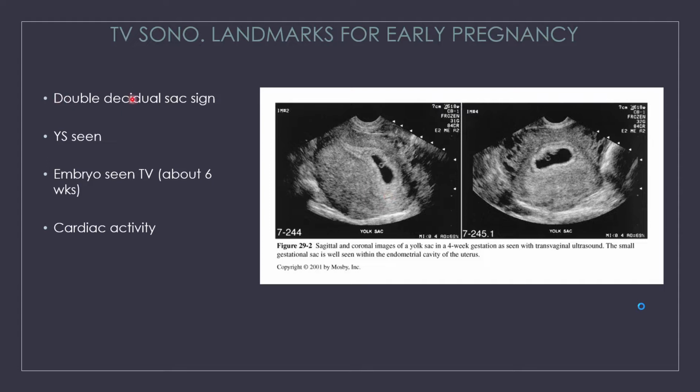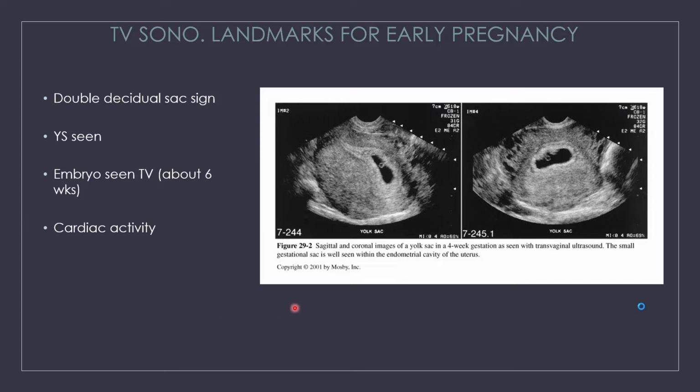So, double decidual sac sign. The decidual reaction is just when the endometrium becomes impregnated with that blastocyst, okay? So once the endometrium is impregnated by that blastocyst, then it becomes the decidua.